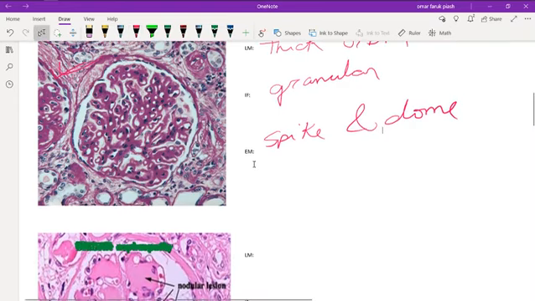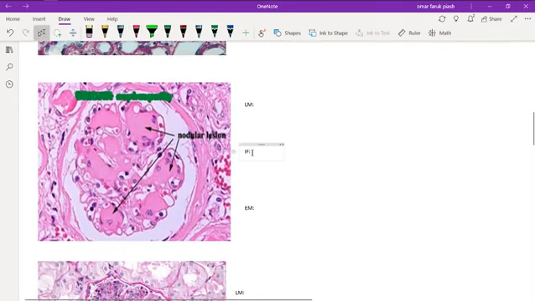Okay, next one is diabetic glomerular nephropathy. Here there is a nodular lesion. The most common cause of ESRD in the US is diabetic glomerular nephropathy.